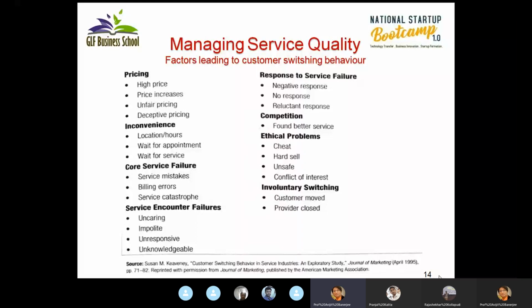These behaviors fall into 8 categories, which we can describe here: pricing, inconvenience, core service failure, service encounter failures, response to service failure, competition, ethical problems, and involuntary switching. So these are the 8 behavioral reasons, or the factors, which may lead to customer switching behavior.